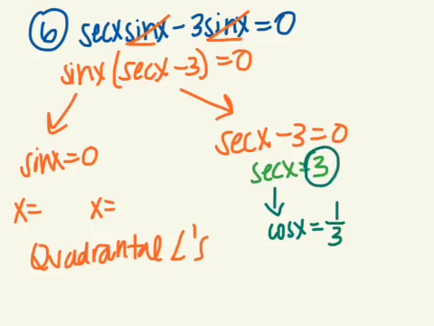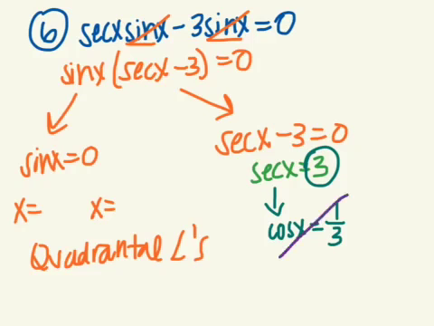So really the question you're going to ask yourself is, on the unit circle, where does cosine equal 1/3? And that's not going to happen. So this part of this equation is not going to give us a solution.